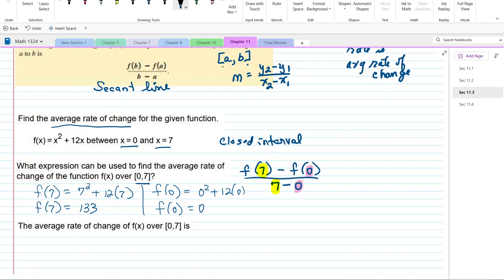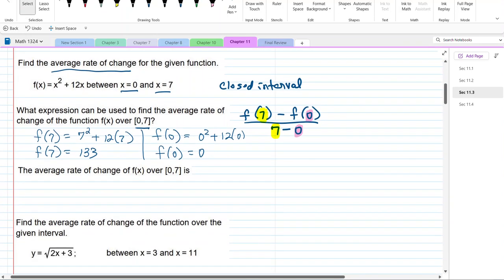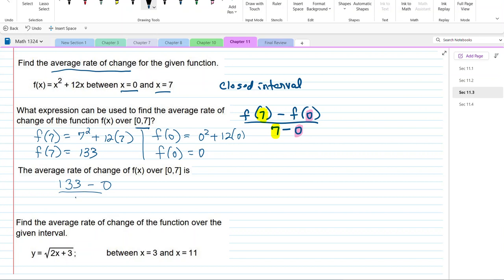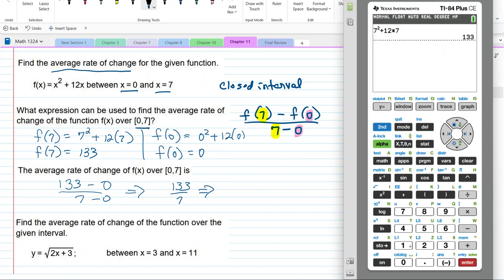All right. So now we're going to construct the problem. So I'm going to have 133 minus 0 over 7 minus 0 for the average rate of change. 133 divided by 7, and we're going to use a calculator for that: 19.